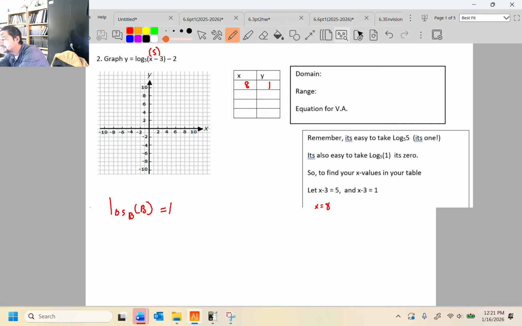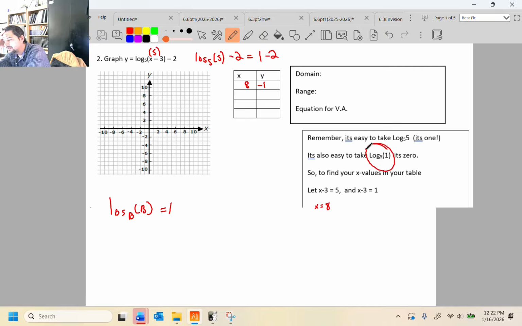What that does is that lets me say I have a log base 5 of 8 minus 3, which is 5, and then minus 2. Now log base 5 of 5 is 1, so this is 1 minus 2, which is negative 1 for the output.